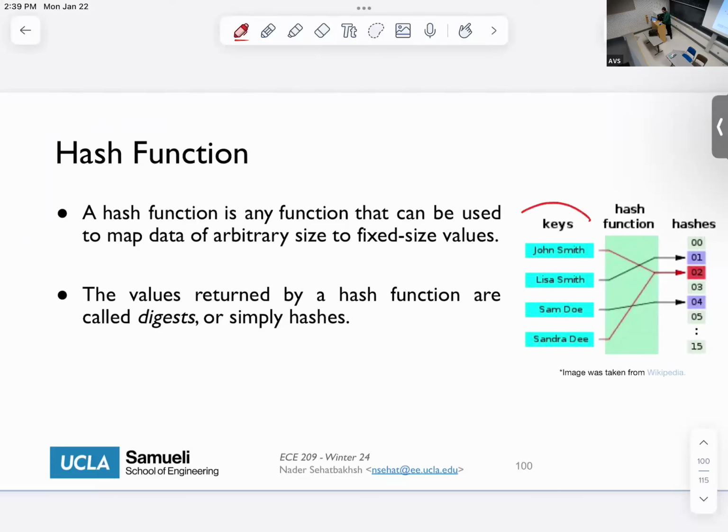Since the size of the key and the size of the hashes are mismatched, usually the key being much larger, there will be collisions. There will be messages that map into the same hash, because we are mapping a larger population to a smaller population. So of course there will be collisions, and collisions are a known problem in hashes. Again, it's not necessarily a security problem.